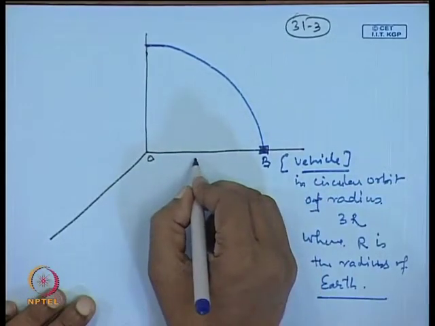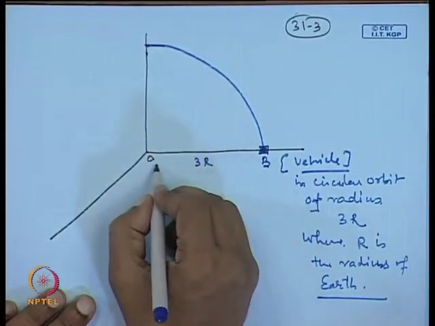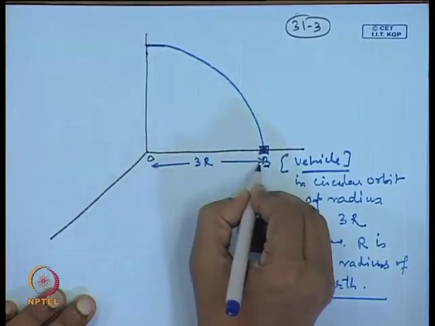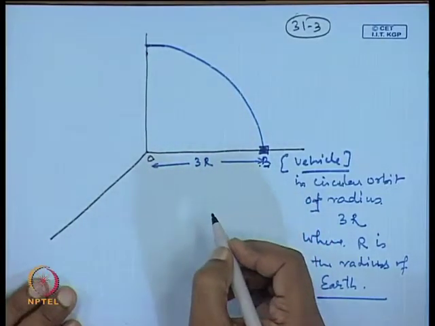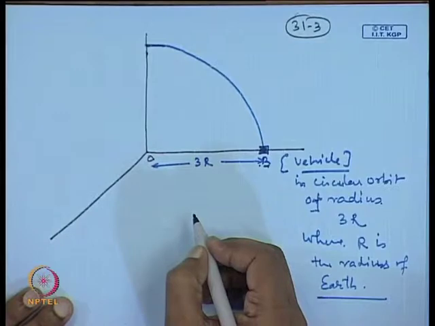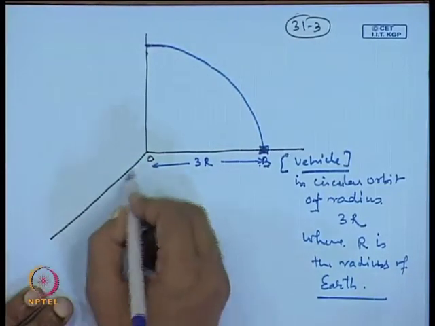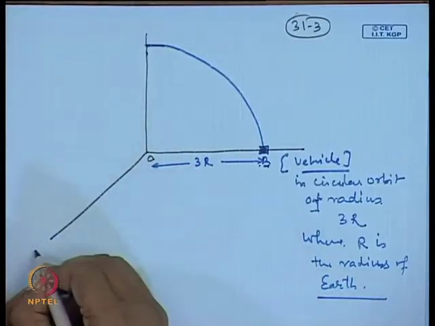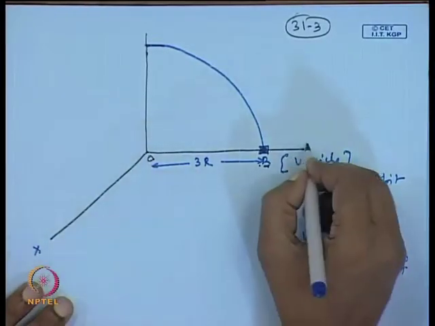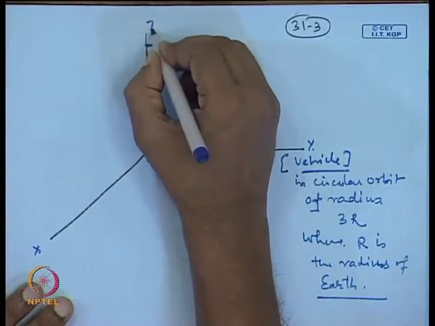So this distance is basically your 3r from here to here. Let us say this is x, this is y and this is z.